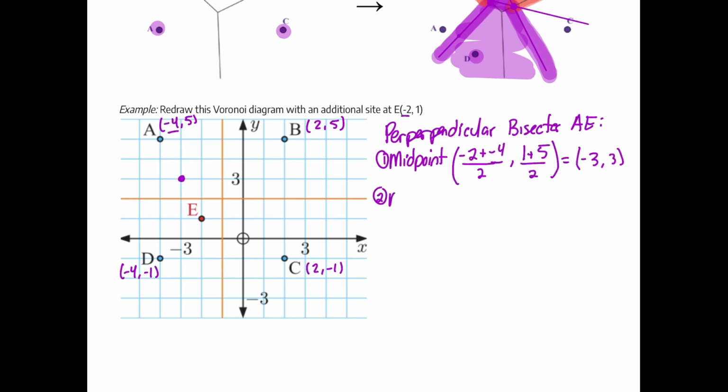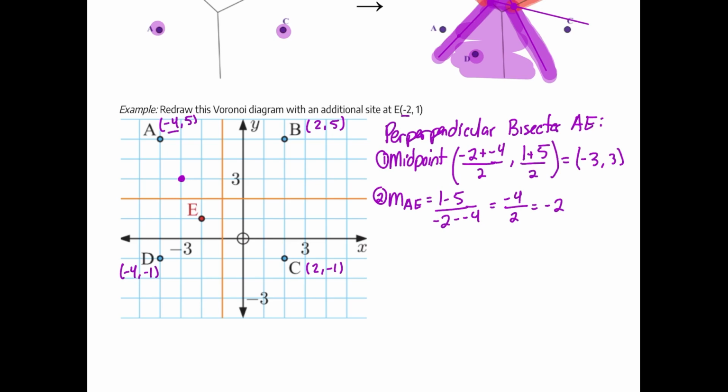Second, let's find the slope between A and E. We're using the equation in the formula booklet where we subtract our y coordinates and then we subtract our x coordinates together. So we get -4 on the top, and then -2 plus 4, we get +2. So the slope between A and E is -2.